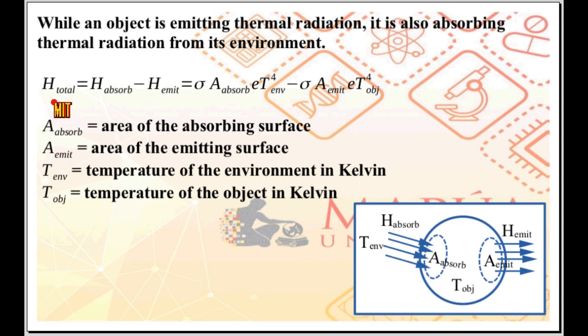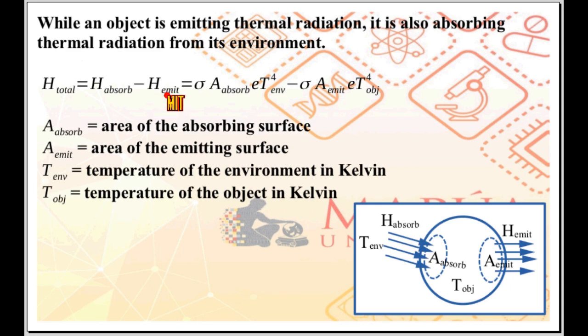The total heat transfer rate of the object, H total, is given by H absorb minus H emit. We put a minus sign with H emit because technically speaking, H absorb is heat gain and H emit is heat loss. And by convention, heat loss is negative. So H total is equal to H absorb minus H emit.